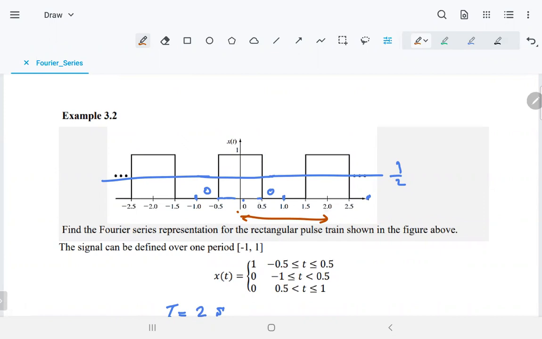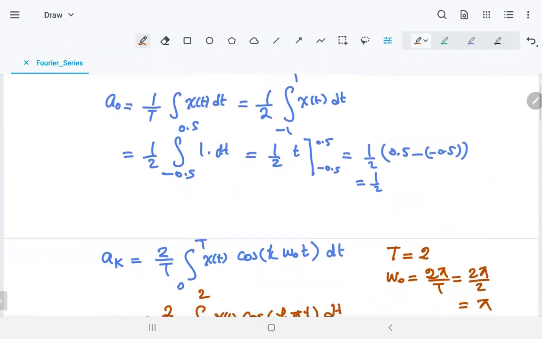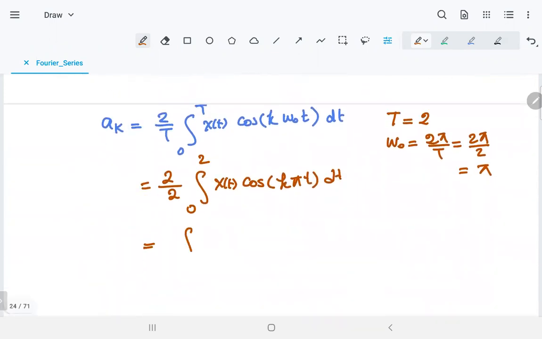The one in the middle is equal to 0, so I have 2 integrations, from 0 to 0.5 and from 1.5 to 2. And x(t) was equal to 1, so 1 cosine k pi t dt. The second one also was 1.